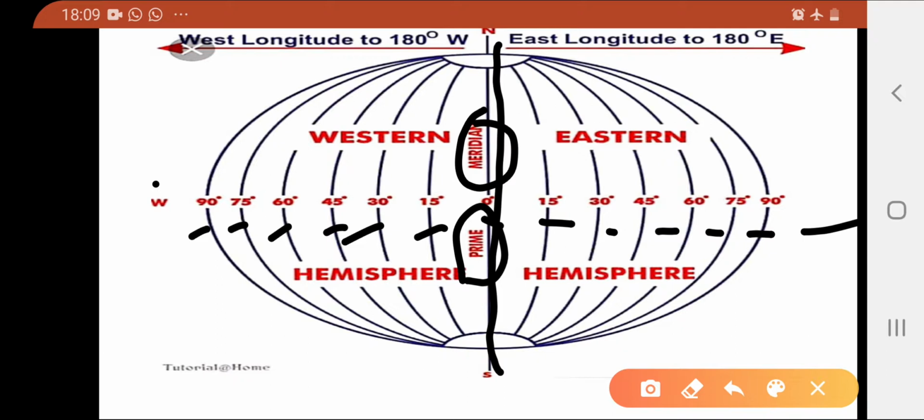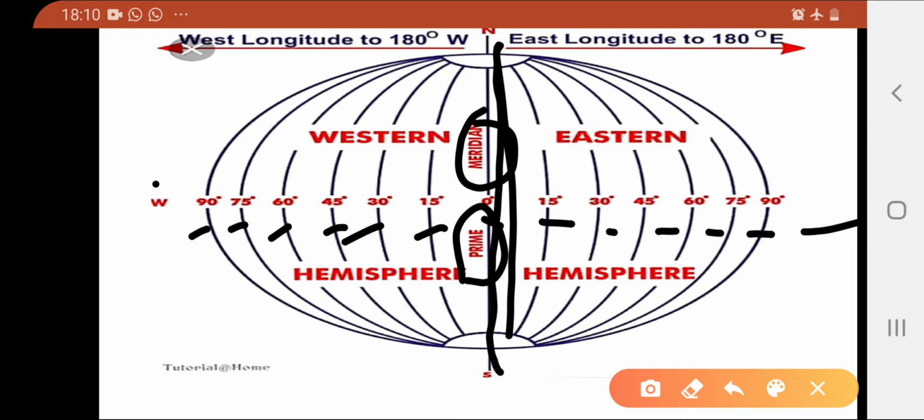Okay children, and the other meridians are marked east and west respectively of the prime meridian. From this prime meridian we mark other meridians, whether in the eastern part or in the western part. And how do they help us? They help us in calculating time, right, children?